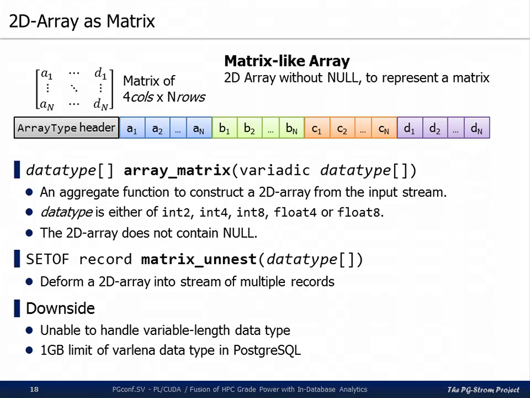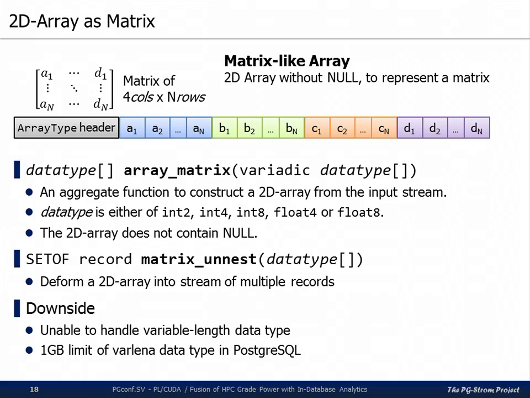So I think about how to implement it on PostgreSQL. A useful facility I found is the array data type, since an array data type allows containing multi-dimensional and continuous data.